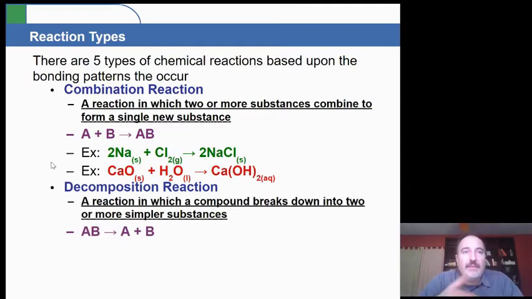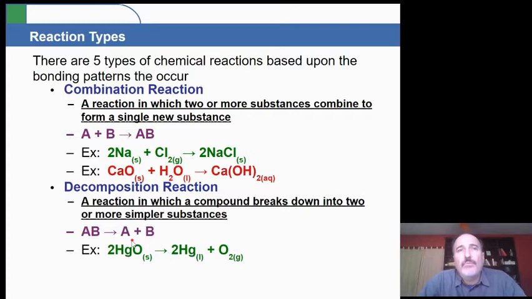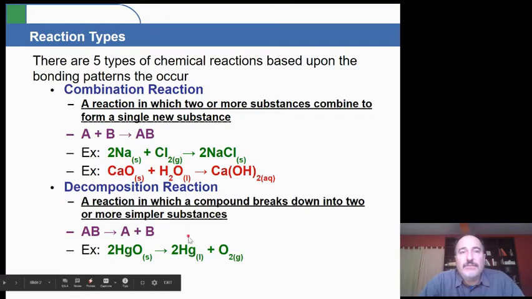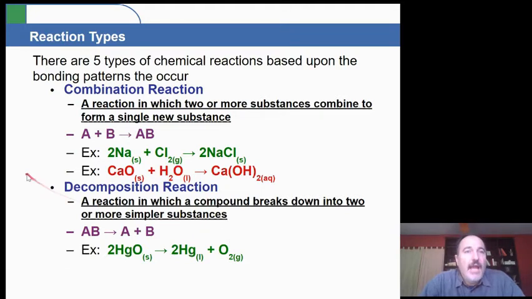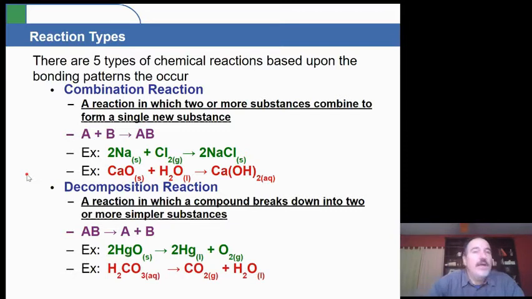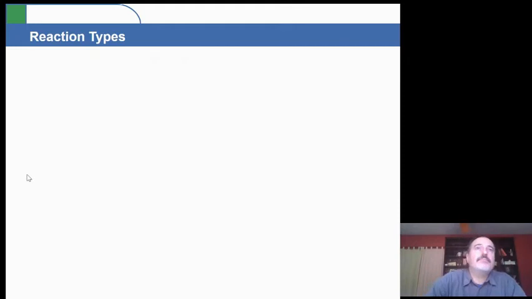So here you have AB breaking down into A and B. For example, mercury 2 oxide can break down into just mercury and oxygen. Okay, and you also have hydrogen carbonate that can break down into carbon dioxide and water. Again, one substance breaking down into two or more.